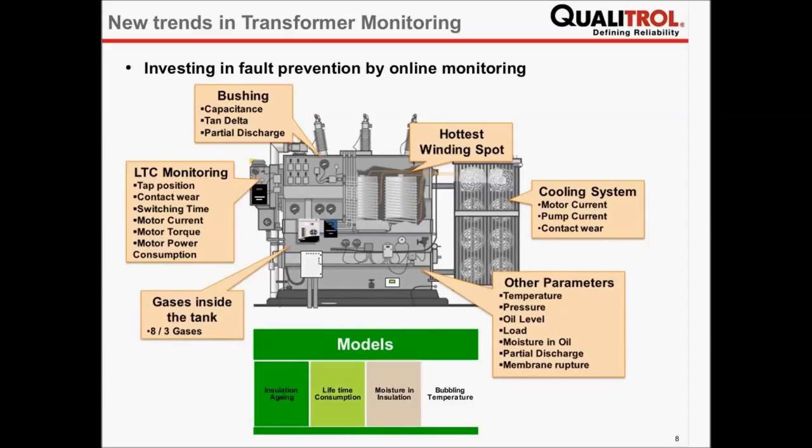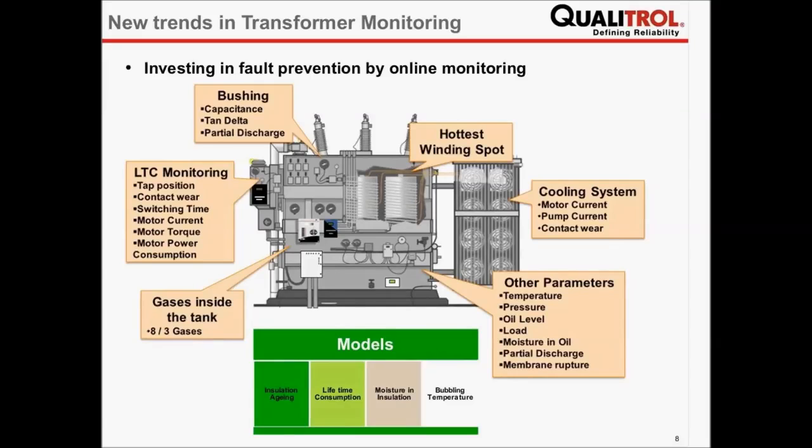They want to monitor the key gases generated inside the tank, and they want to analyze the overall health of the transformer, or identify the faults which are generating inside the transformer responsible for those gases.